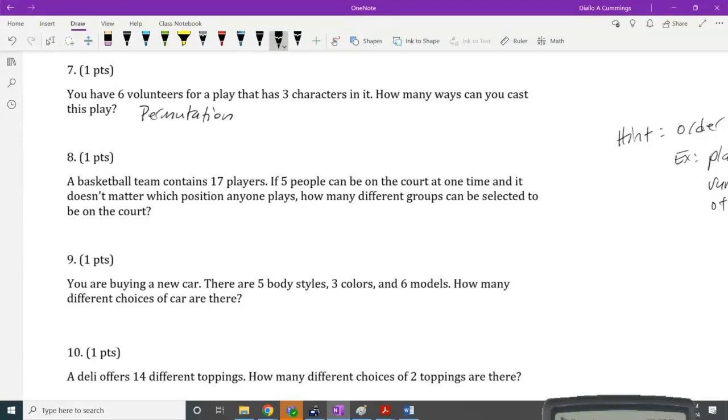Remember, for a permutation, we have N permutate R, where N is the total to choose from and R is the total chosen.